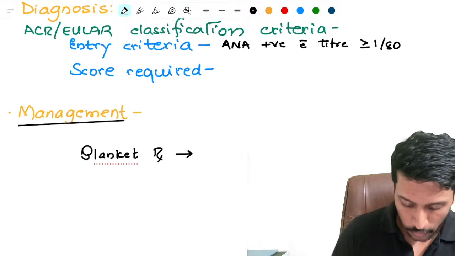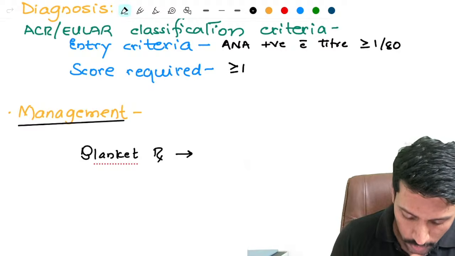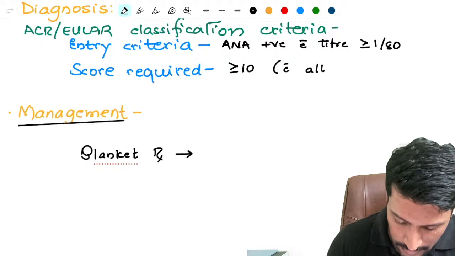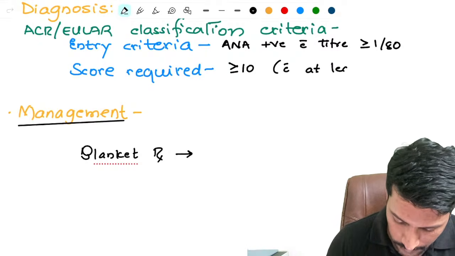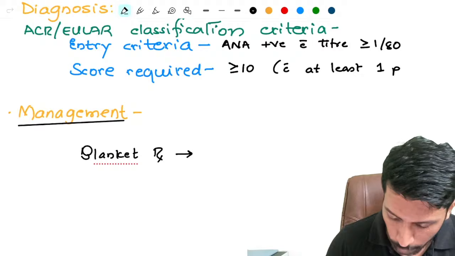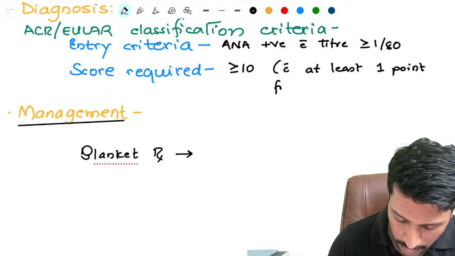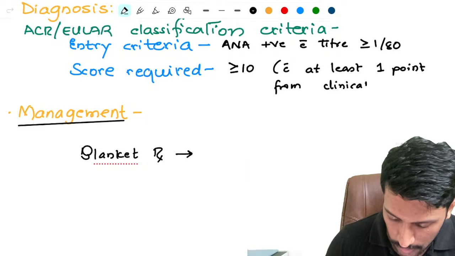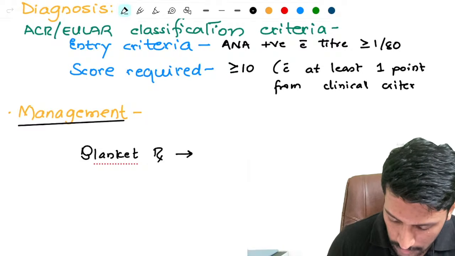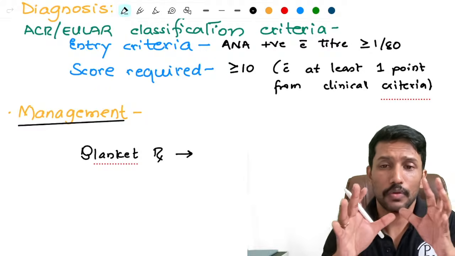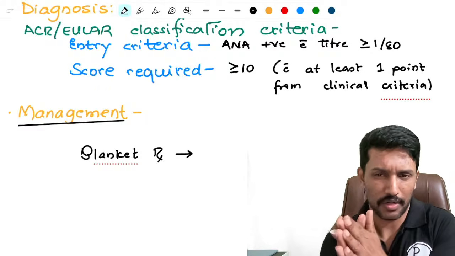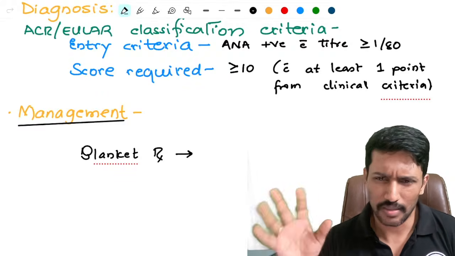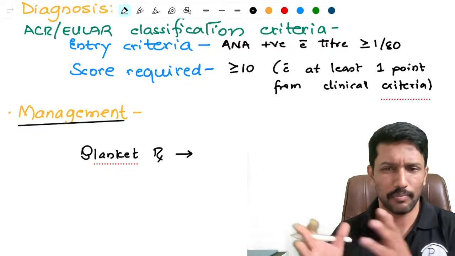And after that, from the scoring, we will require more than or equal to 10 with at least 1 point from clinical criteria. So if you open Google and find out this so-called ACR EULAR classification criteria, they will have two categories, clinical and laboratory. In the laboratory, they have mentioned the anti-dsDNA titer and ESR, CRP and other biochemical tests.